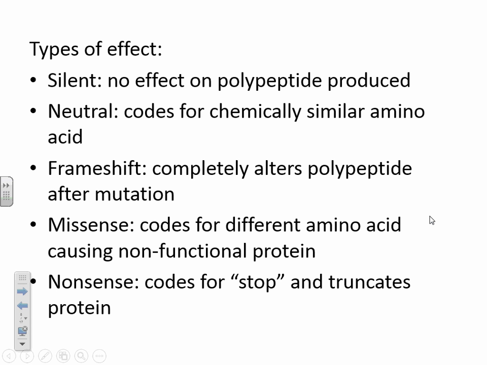If that appears in the middle of your sequence, the protein is cut short, and therefore you're not going to get a functional protein out of that. So, a lot of things can go wrong. But don't forget, that is why we are what we are. Evolution works on mutations. We've come a long way from being bacteria.